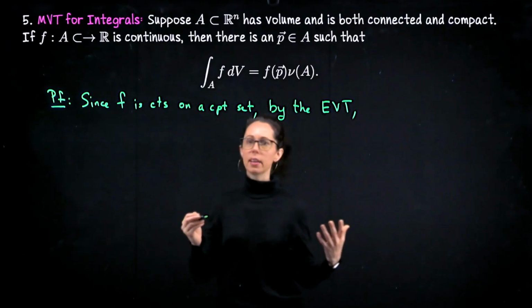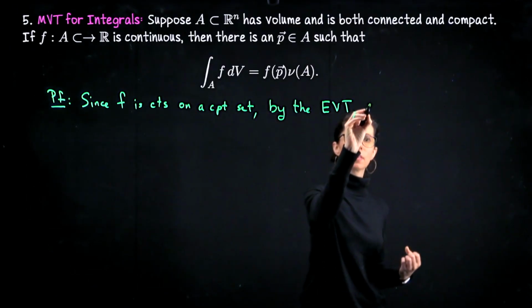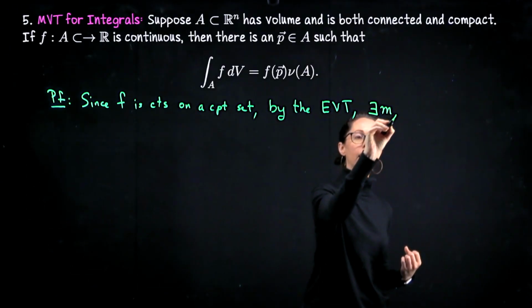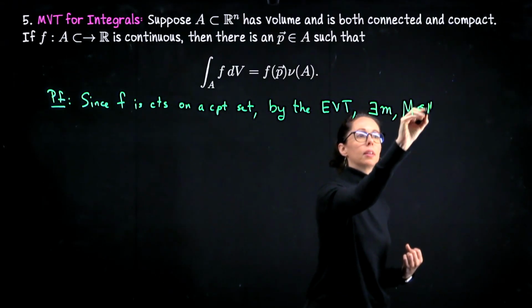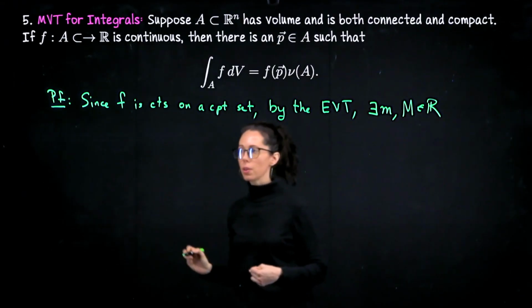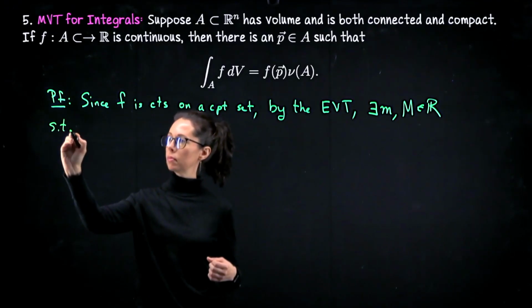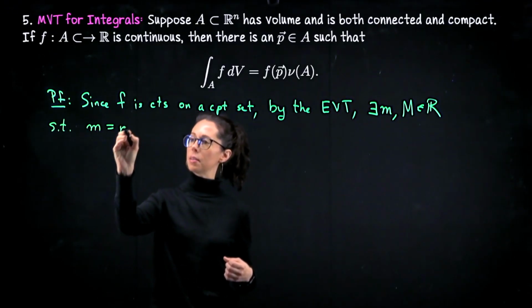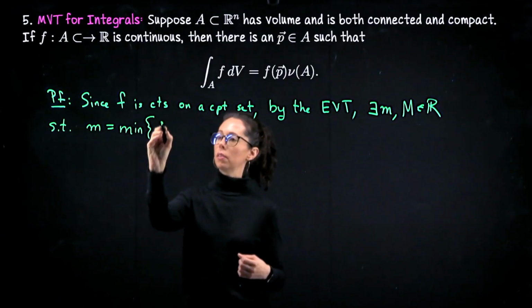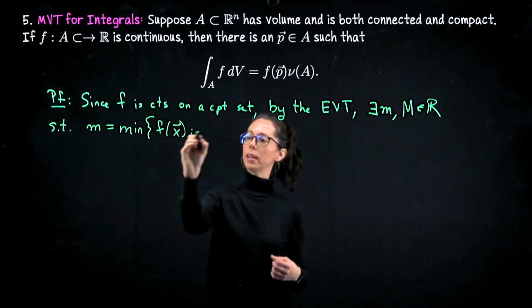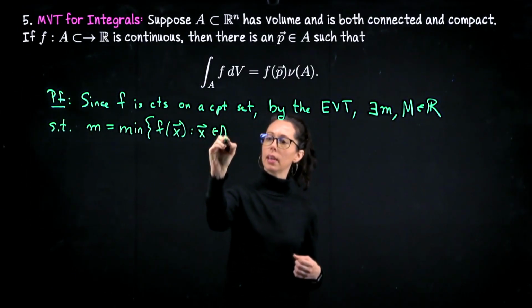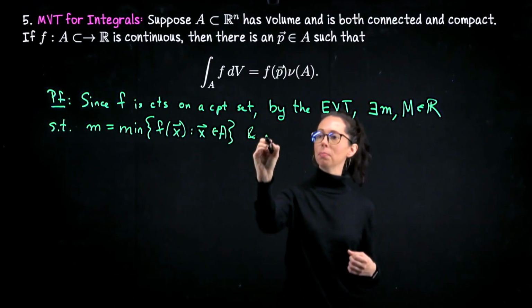Okay, so let's say there exist little m and capital M, these are real numbers, so that little m is the minimum of all of the values that F takes on A, and capital M is the maximum.